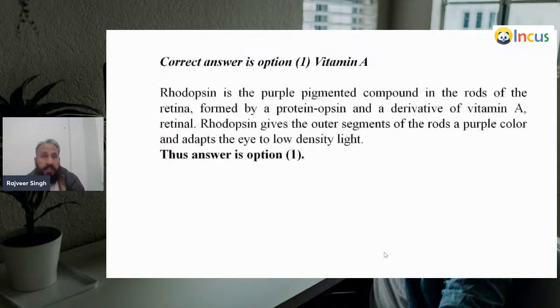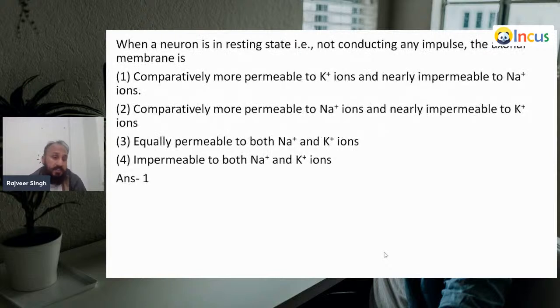The answer will be vitamin A, because rhodopsin is the purple pigmented compound in the rods of the retina formed by the protein opsin and retinal, a derivative of vitamin A. Rhodopsin gives the outer segment of the rods a purple color and adapts the eye to low intensity light. So vitamin A is the right answer.